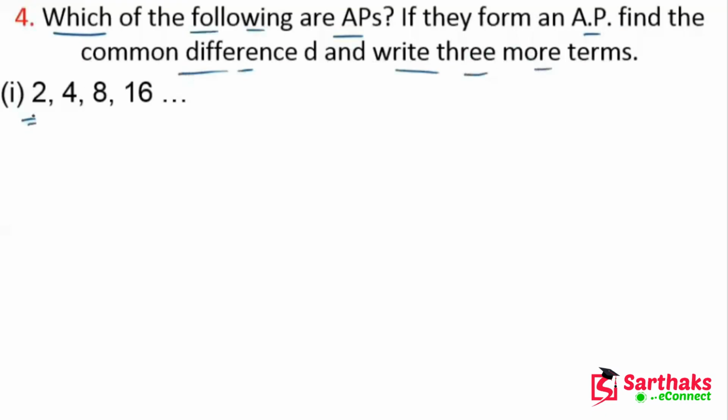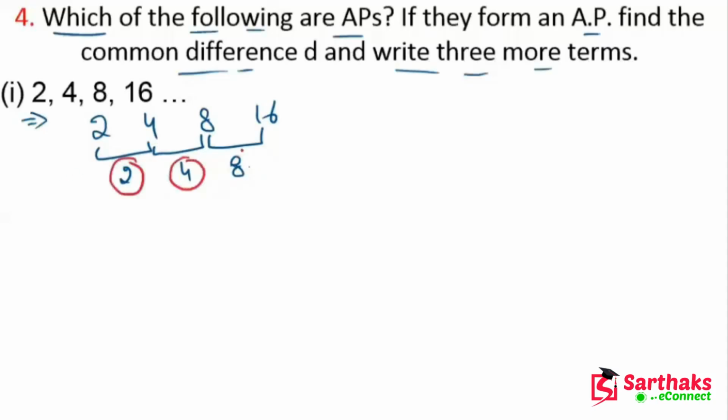First of all, we have to find whether this is an AP or not. For that, we have to check the difference between consecutive numbers. Now let's see: 2, 4, 8, and 16. If we subtract 4 minus 2, we get 2. If we subtract 8 minus 4, we get 4. And the next we get 8.